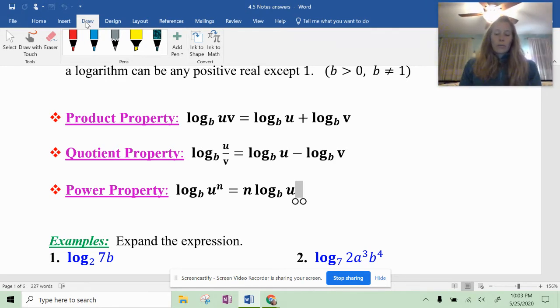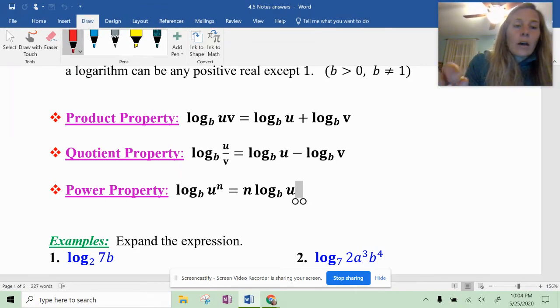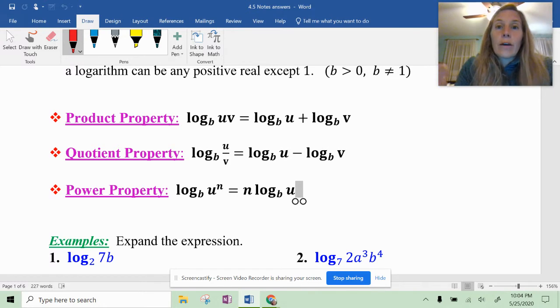All right, we have 3 properties here: the product property, the quotient property, and the power property. They're very similar to what we had done with exponents. Looking at the first property, the product property, we're saying that log base b of u times v is the same thing as log base b of u plus log base b of v.